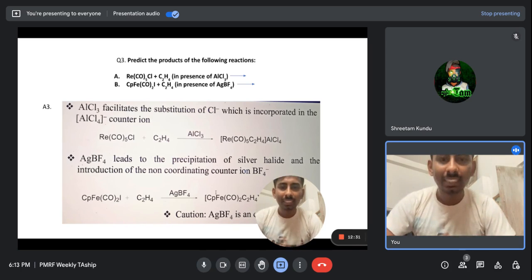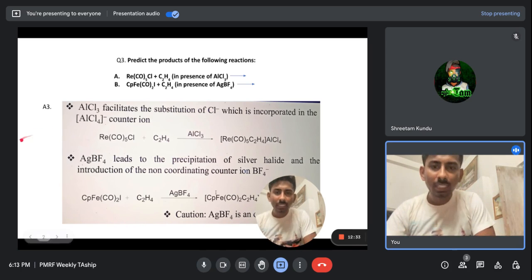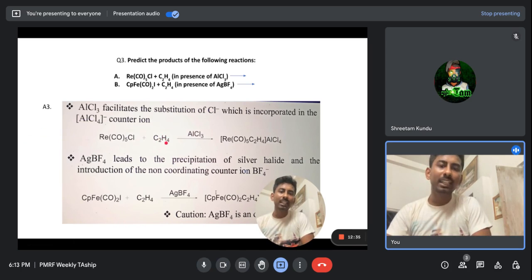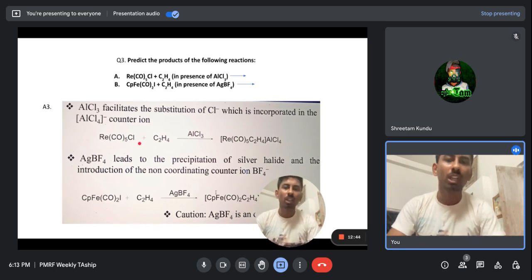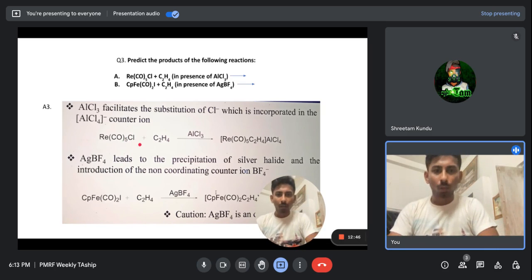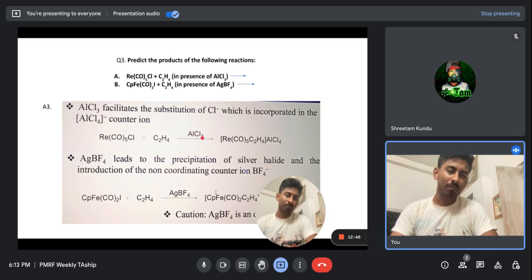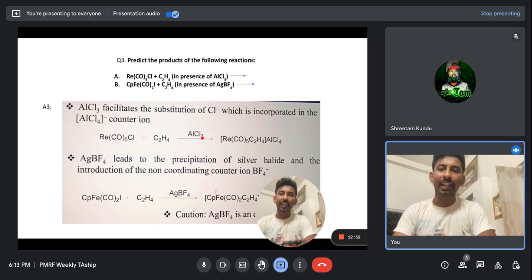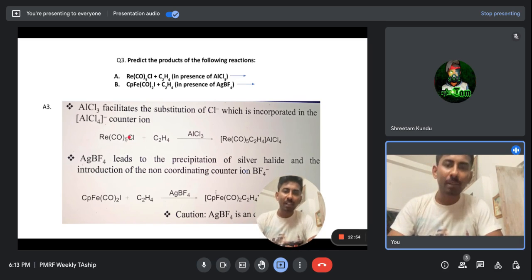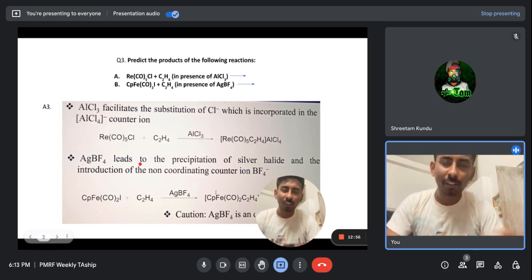And when it is treated with ethylene, what happens? You can see here that ethylene attacks the rhenium center, and the chloride gets eliminated, but you know that chloride is not a very good leaving group. That is why the role of AlCl3 comes into the picture. AlCl3 is a very strong Lewis acid, which helps in capturing this chloride ion from the Re(CO)5 moiety.